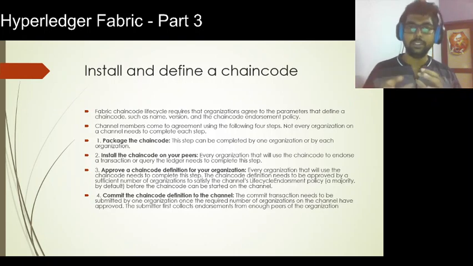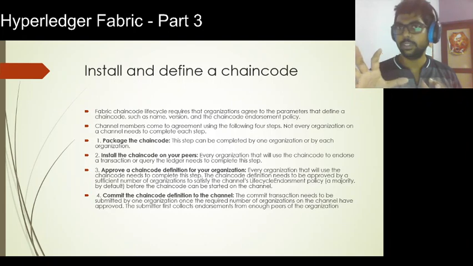Now we are in the same blockchain network. We need to install this chain code on each and every peer. Like first, I have to install it on my peer. Every organization will use the chain code to endorse a transaction or query the ledger. They need to complete these steps to access the ledger. Endorsement, you can consider as validation right now.